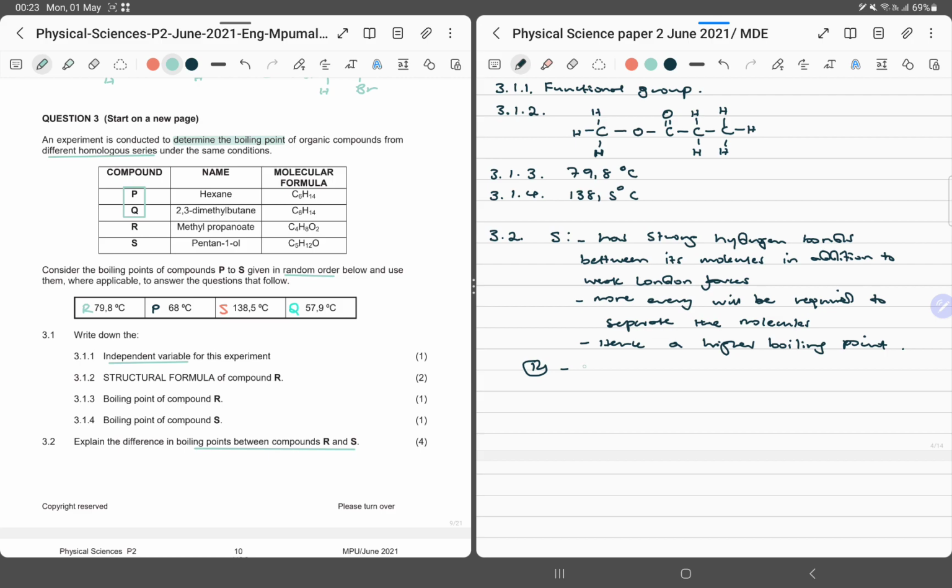You can just say this one has dipole forces between molecules in addition to weak London forces.